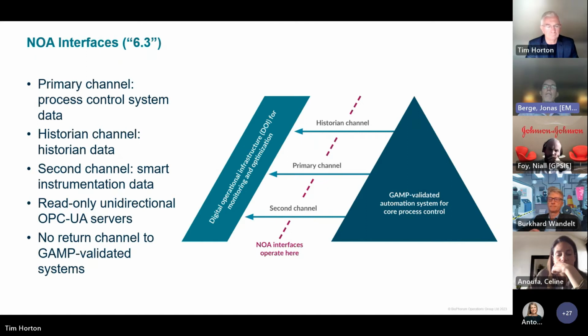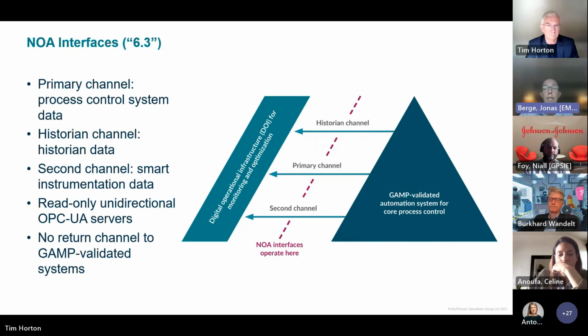The second channel carries additional information from smart instrumentation in the CPC zone. This is auxiliary data from sensors and process analyzers. This may include additional process data such as temperature or instrument self-diagnostics.